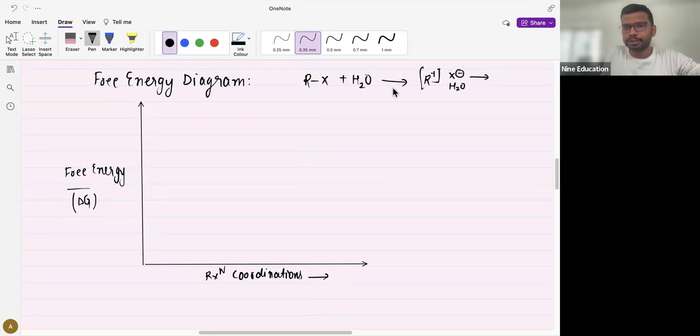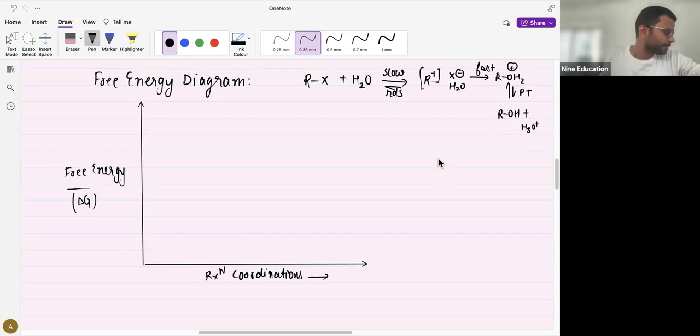Now this will go, this is our rate determining step, slow step, RDS step. This is our fast step in which H2O will attack on the carbocation and will make us ROH2 positive. Now this will go for proton transfer and it will make us the alcohol and we will get H3O positive. देख लें.